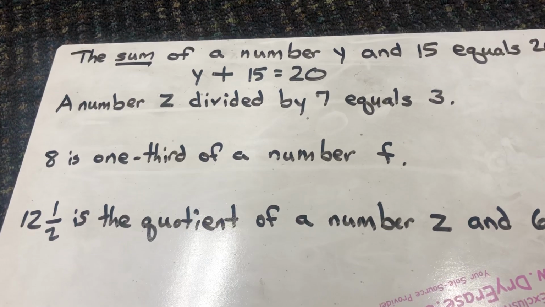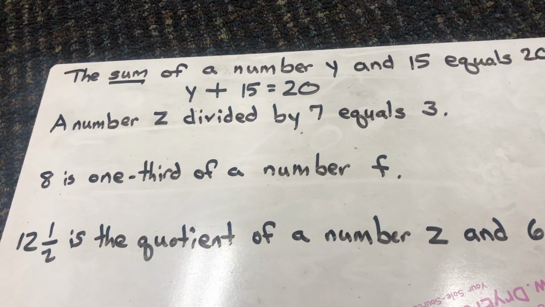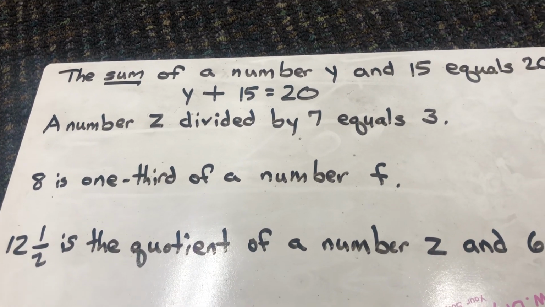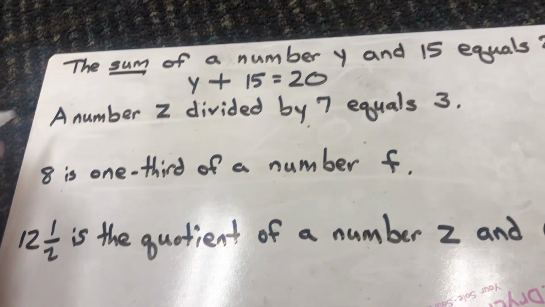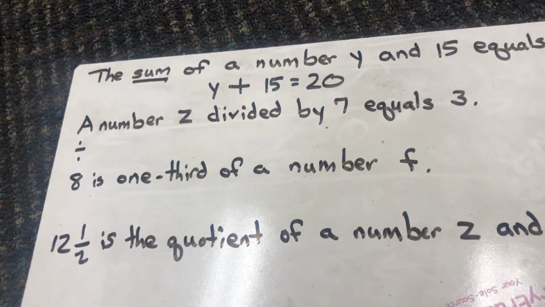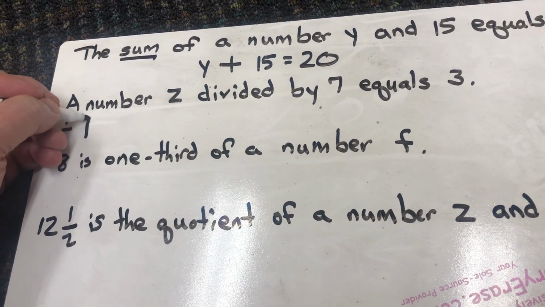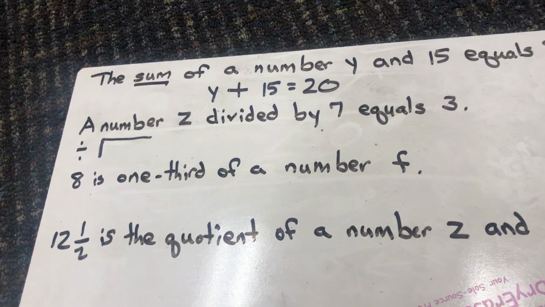A number z divided by 7 equals 3. Well, we are getting to the point, 6th grade, that as a general rule, when we talk about division, I don't really want you to use that sign. And you'll still see that sometimes, our long division, but that's not really what we're doing today.